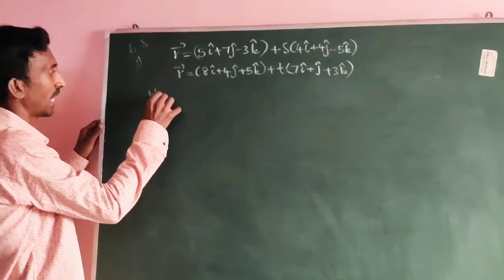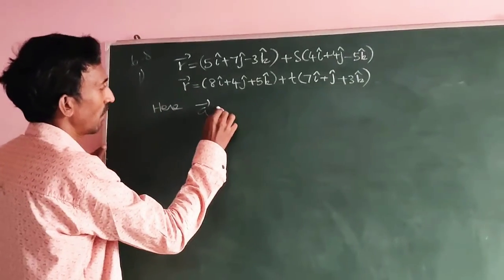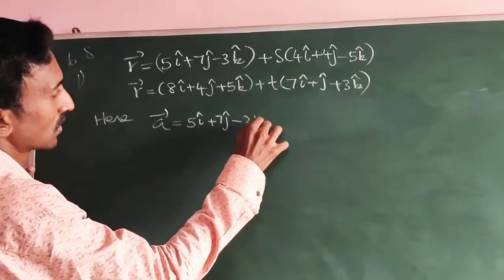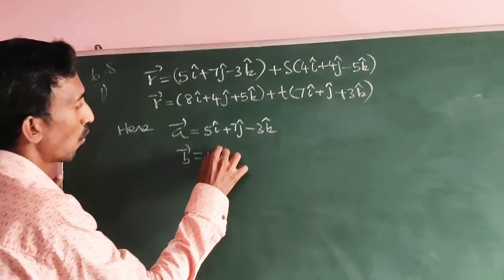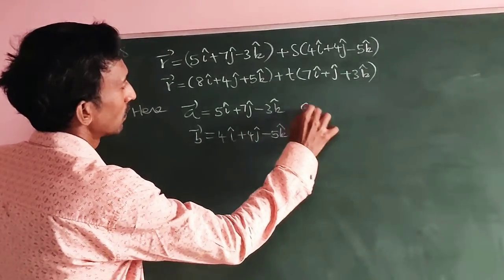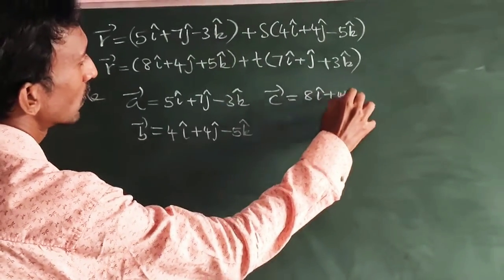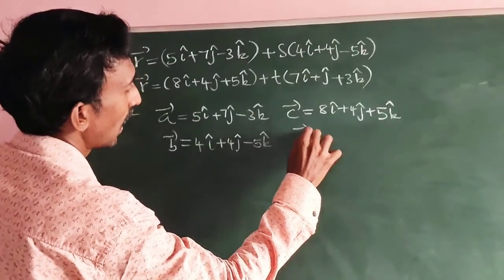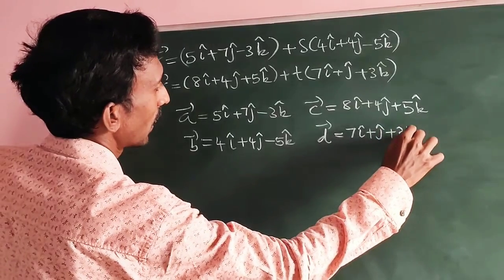So here, comparing with the general equation, we directly get a vector equal to 5i plus 7j minus 3k, b vector equal to 4i plus 4j minus 5k, c vector equal to 8i plus 4j plus 5k, and d vector equal to 7i plus j plus 3k.